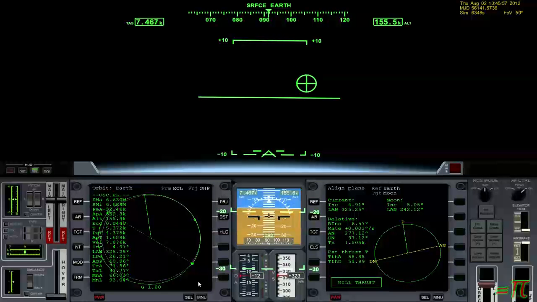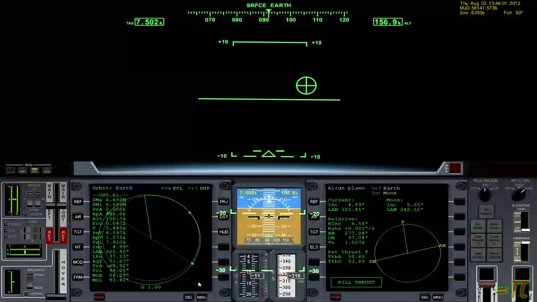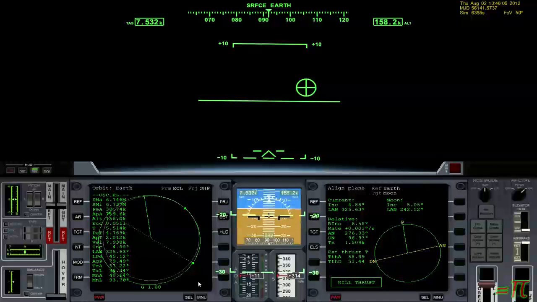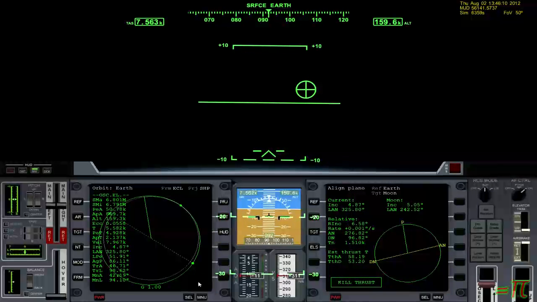Begin throttling back. Periapsis is almost positive. Now it's positive. 24 kilometers, 30, 41, 46, 50.